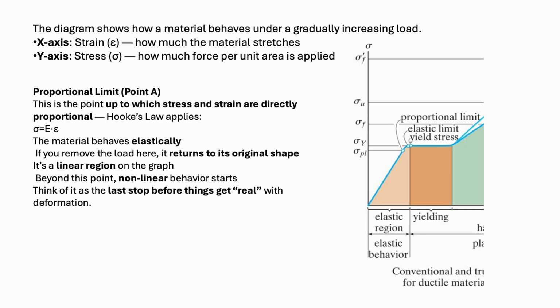So the material behaves elastically, which means if you remove the load here, it will return to its original shape. This is the linear region on the graph, and beyond this point nonlinear behavior starts.